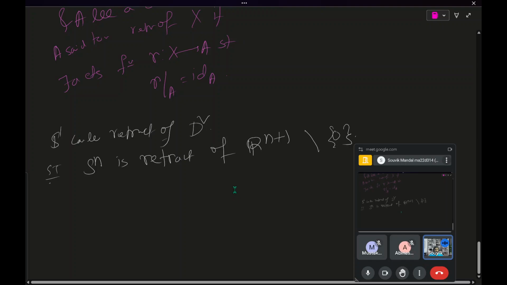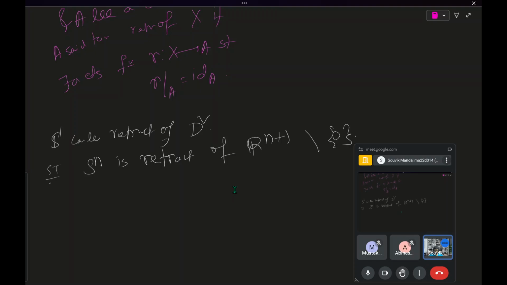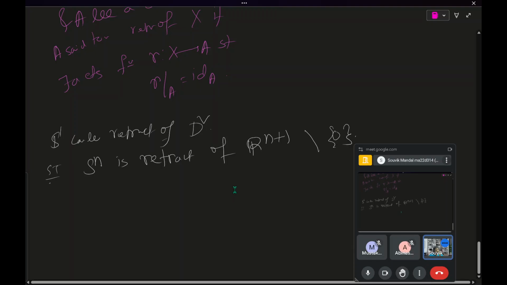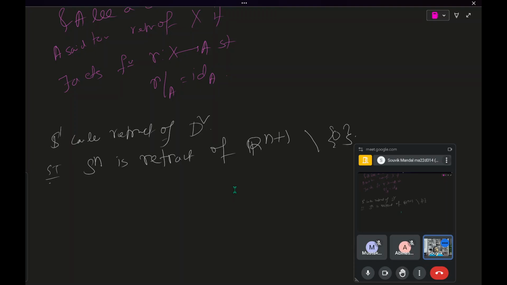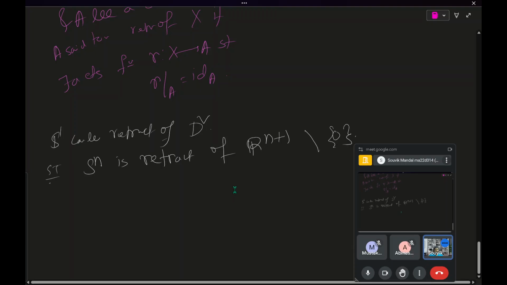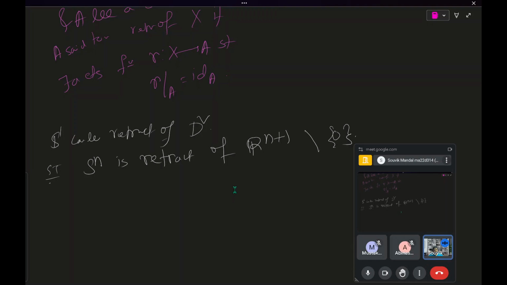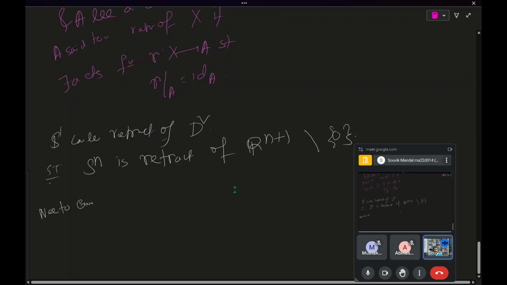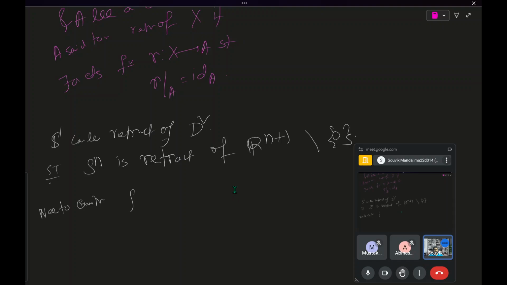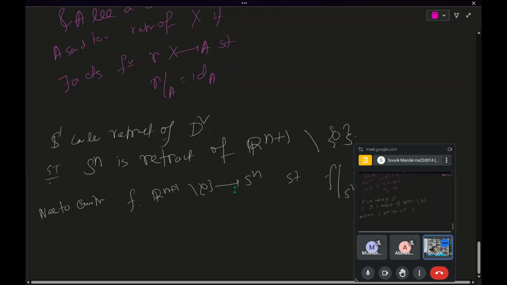Okay, so what you need to construct is R from R^(n+1) minus zero to S^n, right? So that R restricted to S^n is equal to the identity on S^n. Just take a few minutes, think about it, how to construct such an R. I will be back in a few minutes.